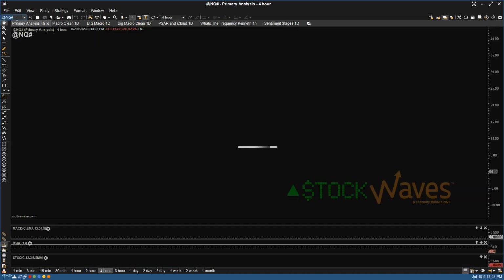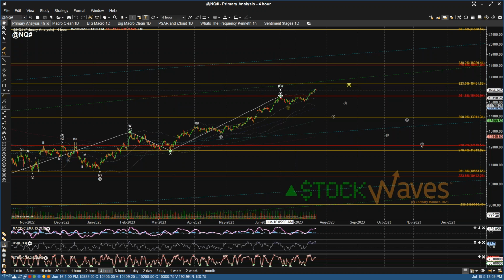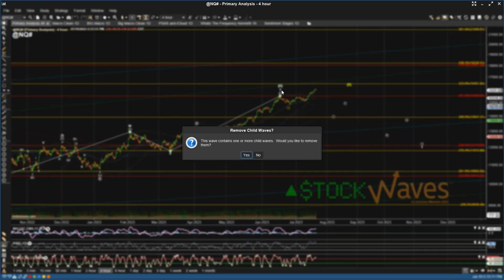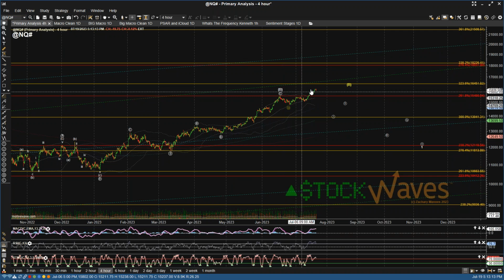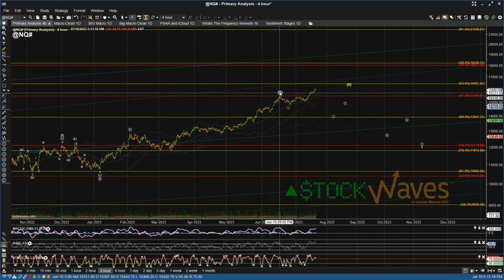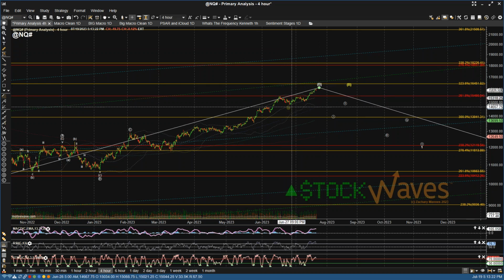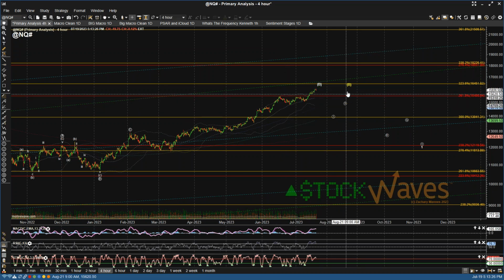Moving on to the NASDAQ. Getting a little bit more extension here, and I think the NASDAQ doesn't really need to count as the WXY anymore. I think this extension higher can take this from being the A, B, and the C that we were counting for the NASDAQ, and just count as this 4 and a 5 of a normal C wave that we're looking at in yellow.